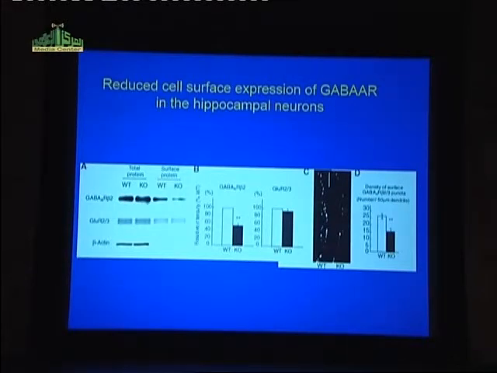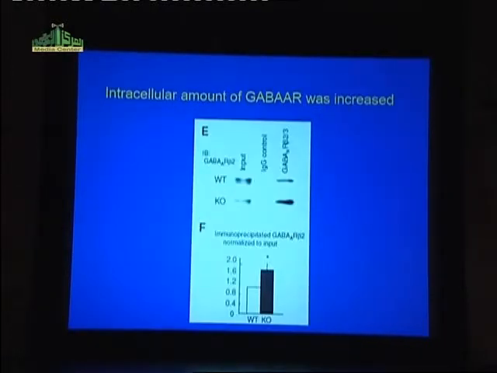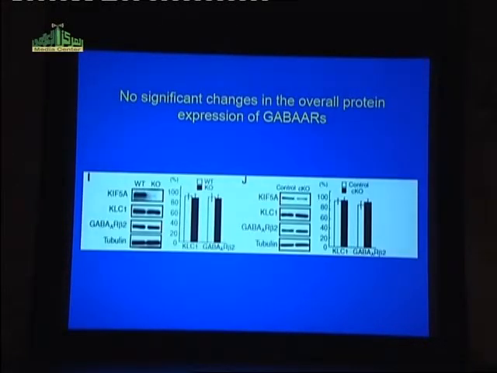As you can see clearly, the surface exposed GABA receptor was decreased in conditional knockout mice. Interestingly, however, in knockout, the intracellular amount of GABA receptor was increased. That means the receptor cannot be transported from the cell center to the plasma membrane and accumulates inside the cell. And other proteins are not changed.